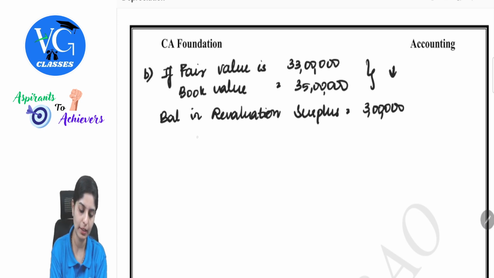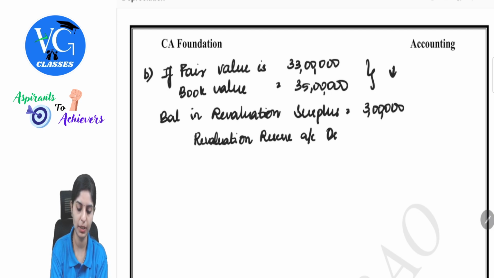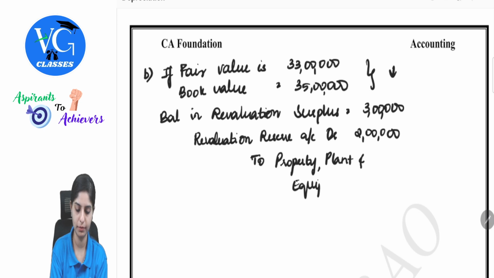So what will be the journal entry? Revaluation reserve, and the asset was increased, they would have credited. So we will reverse it. Revaluation reserve account debit. So I will only use 2 lakh, right? To which account? Asset account is what? Property, plant and equipment account.